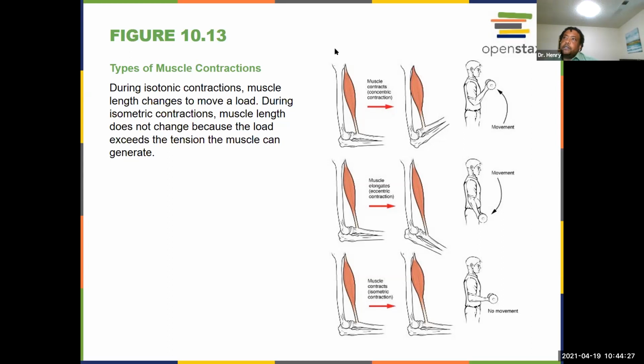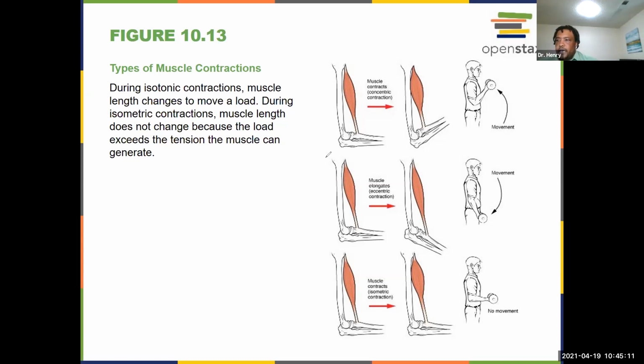So when we have movement going up, that's concentric, and eccentric is the movement going down. So we're muscling up, flexing. We get contraction, elongation, contraction, elongation. Contraction is concentric, elongation is eccentric.